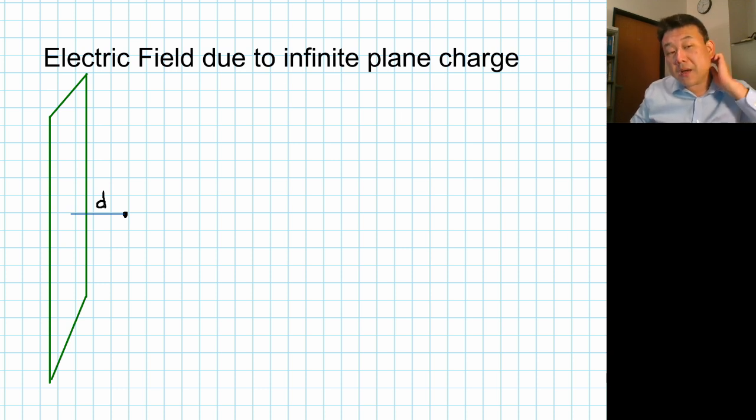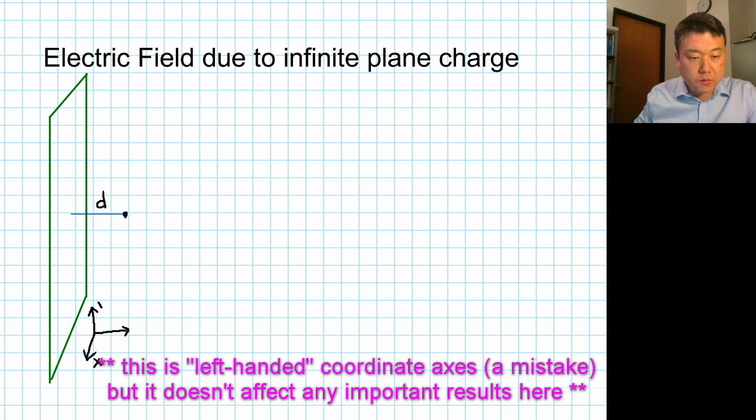So let me set up my axis for setting up this calculation here. I'm going to say that the plane is on the xy axis. So here it would look like x-axis coming towards me, y-axis upward, and the z-axis to the right. So this will be my x, y, z-axis.